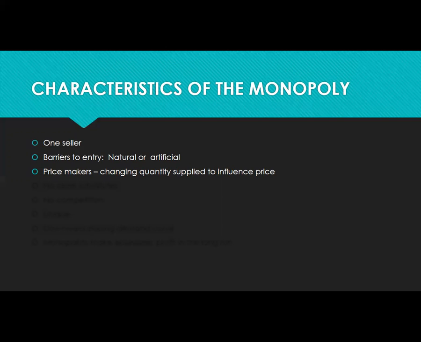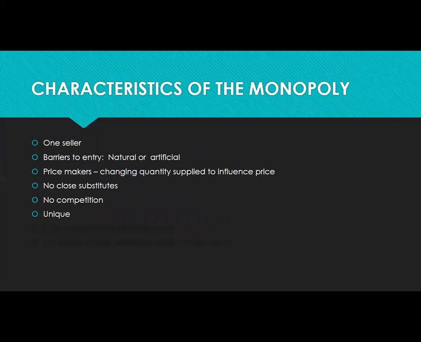They change the quantity that they supply in order to influence the price. There are no close substitutes available for this product. So consumers don't really have a choice when it comes to the consumption of this product. It's this or it's nothing. There is no competition in this market.